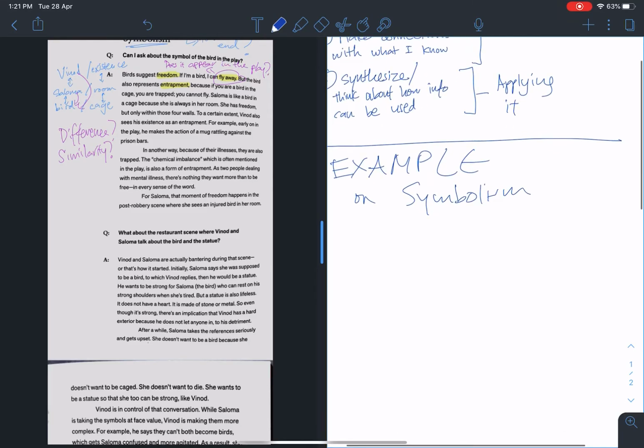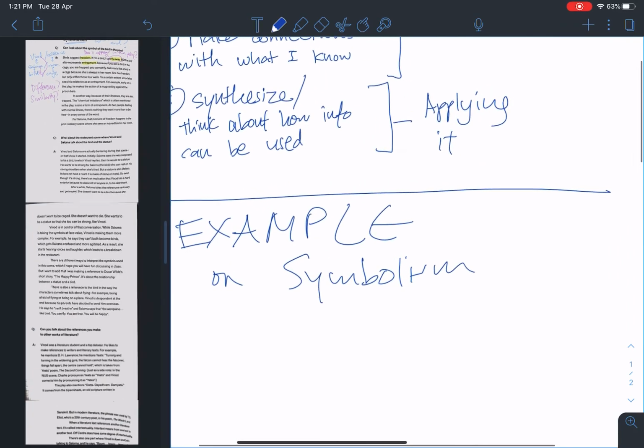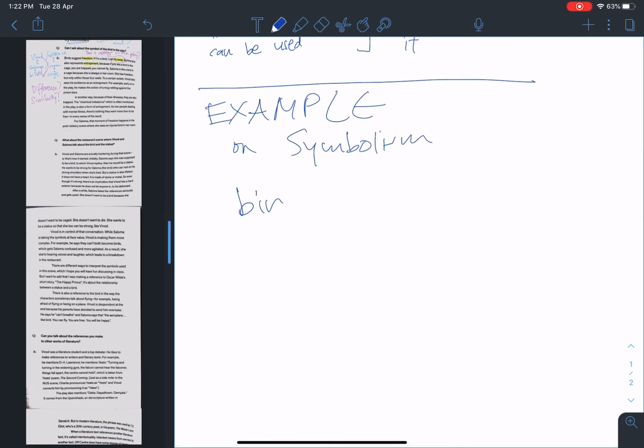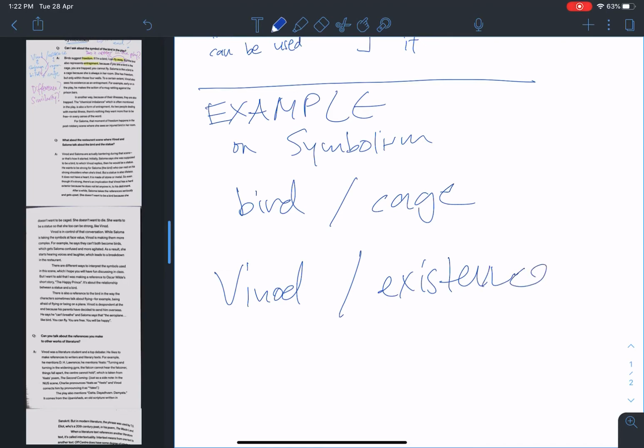What was the information that I picked out? Just now I was looking at Vinod's, and I was looking at the cage, right? So there is the bird in the cage, and there's also Vinod and his existence, and there is Saloma in her room.